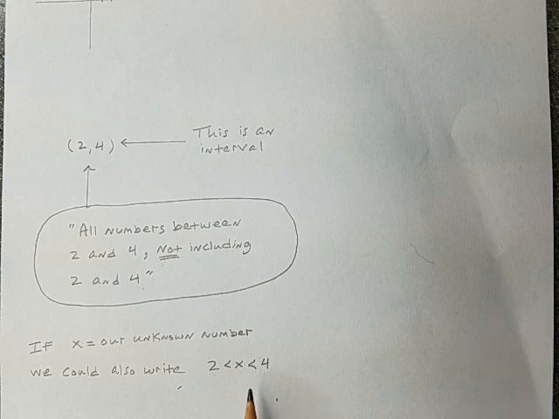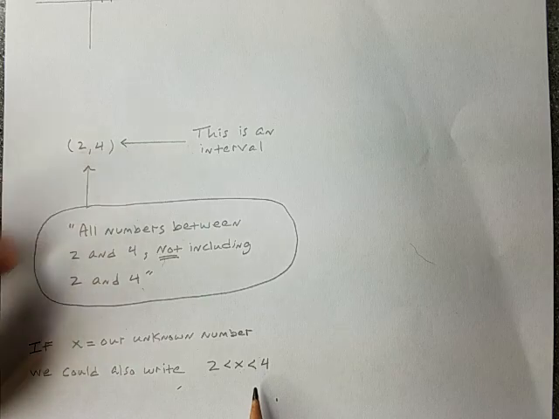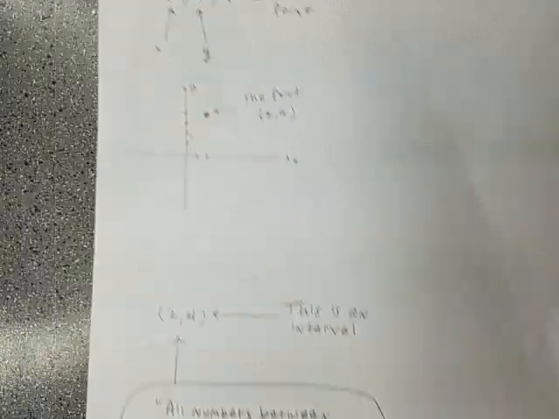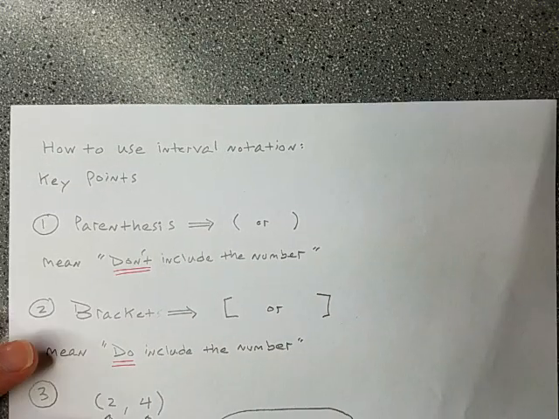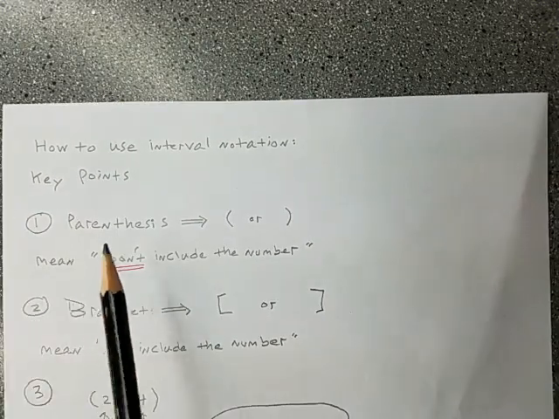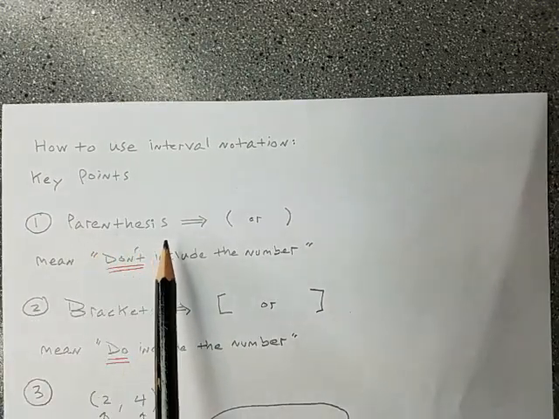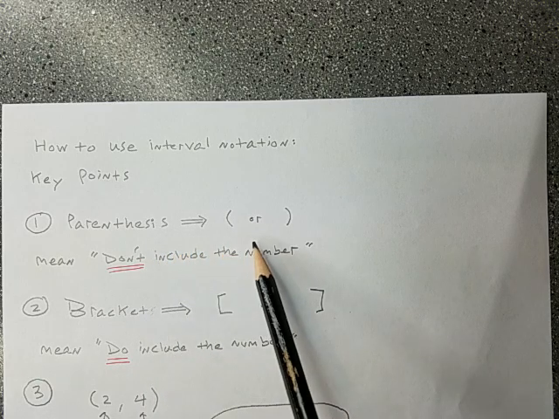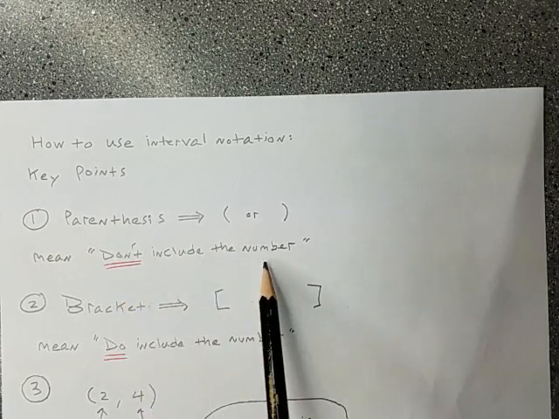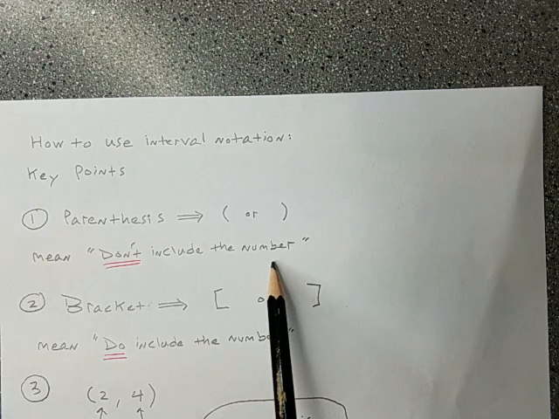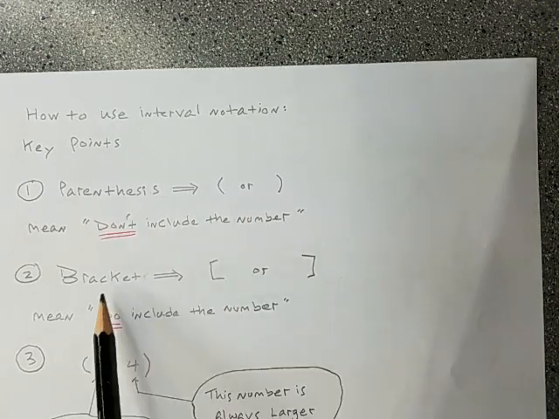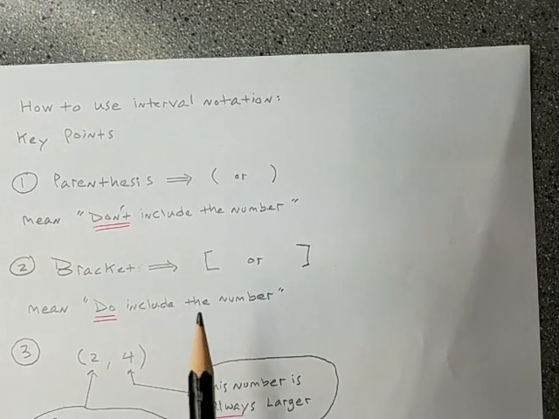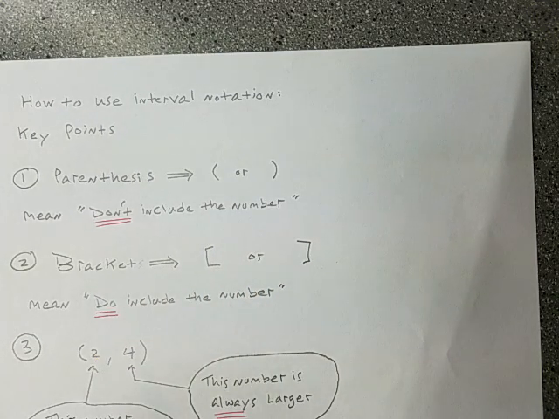All right? Okay, now I'll say more about the parentheses and so on. Let's talk about when we write or read interval notation, what are some key points? Well, parentheses in an interval notation mean that we're not going to include the number next to it. Okay? So parentheses say don't include the number. Brackets, which look like this, mean do include the number.